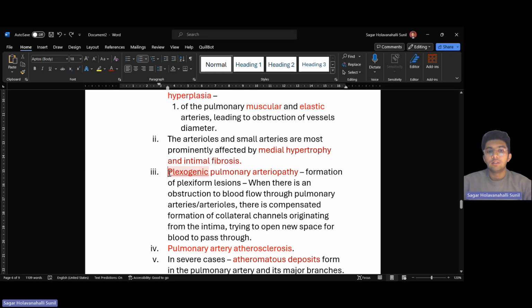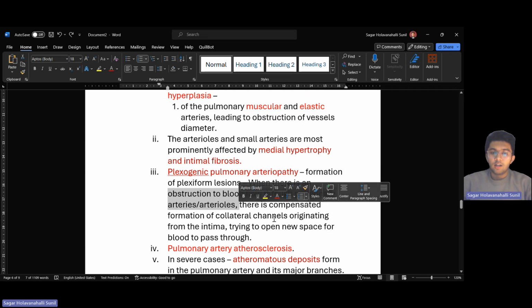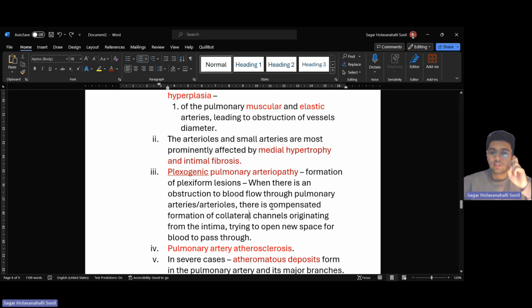Now, you also have something known as plexogenic pulmonary arteriopathy. It's very important. When you have obstruction of blood flow to the pulmonary arteries and arterioles, the compensation to this can be neovascularization. Neovascularization is essentially collateral channels originating from the intima, through the wall of the vessel itself, so you could have new vasculature.